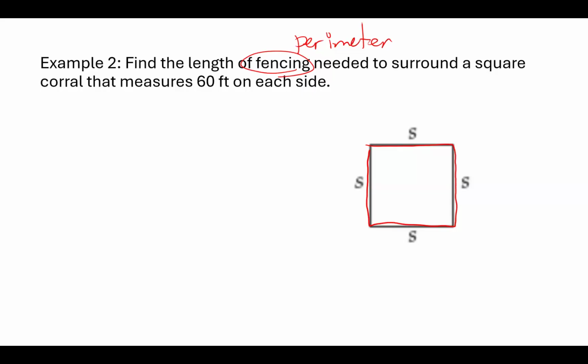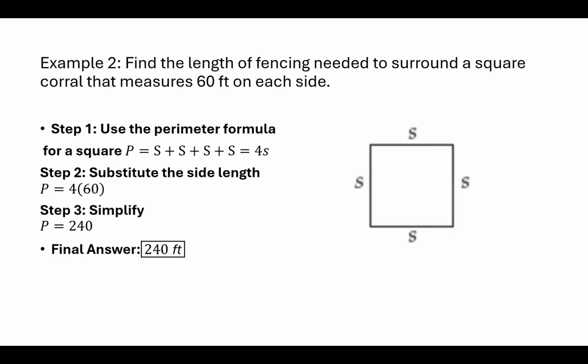So when it says find the length of fencing, they're asking us to find the perimeter. The nice thing about the square is that all of the sides are equal. That's the difference between a rectangle and a square. A square is a special case of a rectangle.